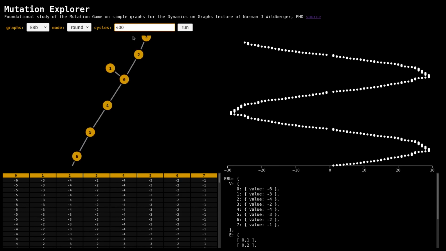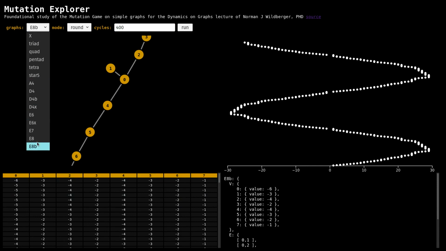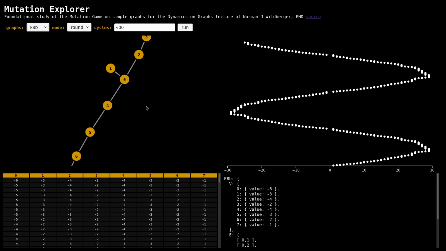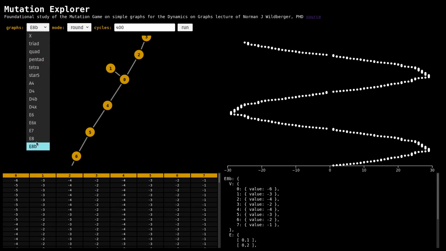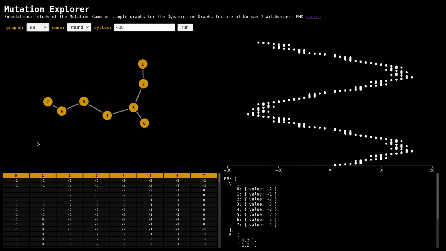Yeah, so the E8, you can see has this repetitive pattern. It's symmetrical on either side of 0. And the same pattern is going back and forth, weaving back and forth. It changes a bit. This E8B has 0 at the center vertex.